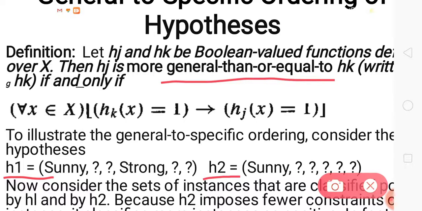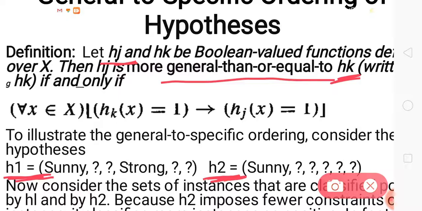More general than or equal to relation. Here Hg is H1, Hk is H2. If we consider H2 as Hk, to understand the definition: if whatever instance satisfies, that means the target value, if you are getting 1 for H1 as well as H2, then it has the more general than relation.